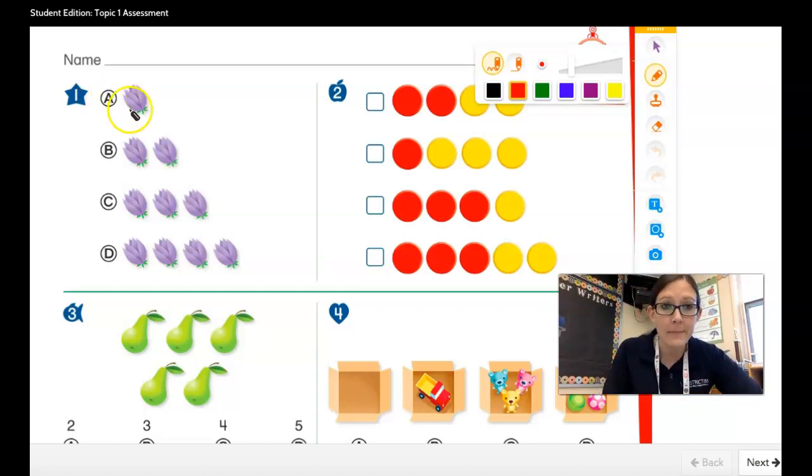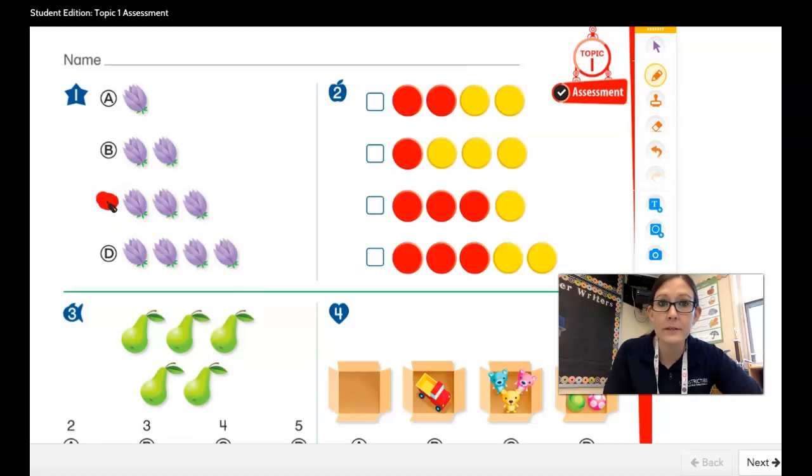Is it A, B, C, or D? Which is the one that has 3? If you said C, you are correct. And so see how I'm just filling in the bubble for C and I'm not doing anything with those other bubbles because I said which one shows 3 and it's this one. 1, 2, 3.